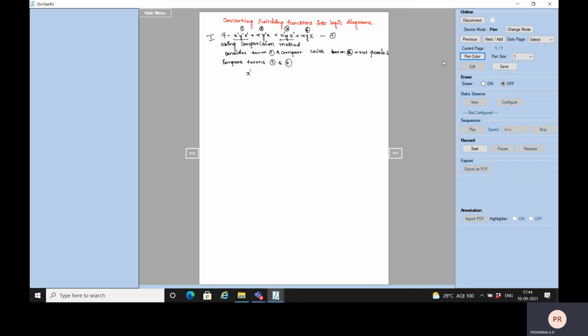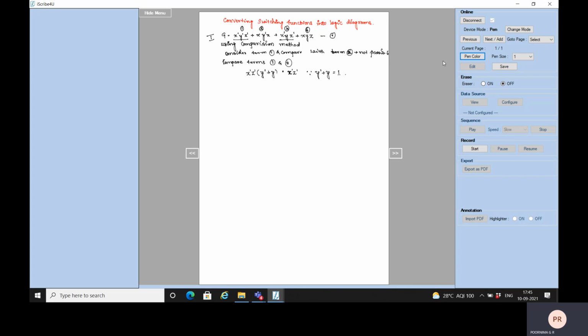Between 1 and 3, x bar, z bar is common, whereas y bar and y are the complement terms. Therefore, we can apply the Boolean laws, which gives us the result x bar, z bar, because y bar OR y always gives 1.